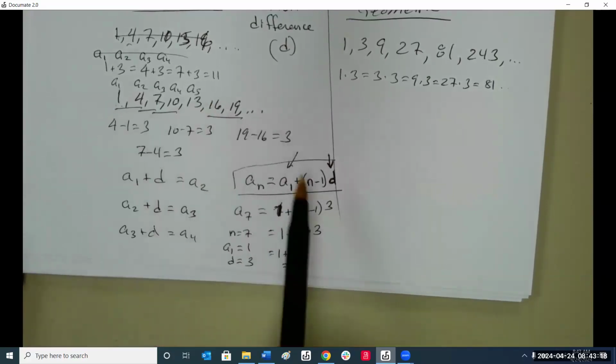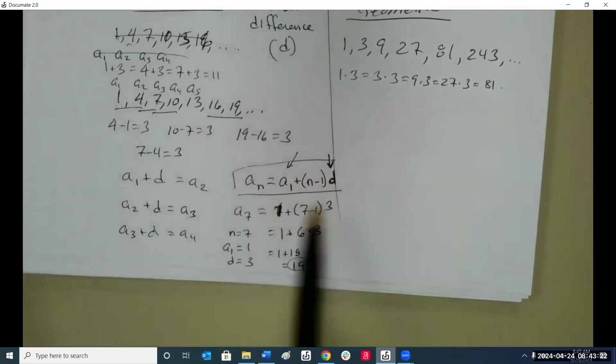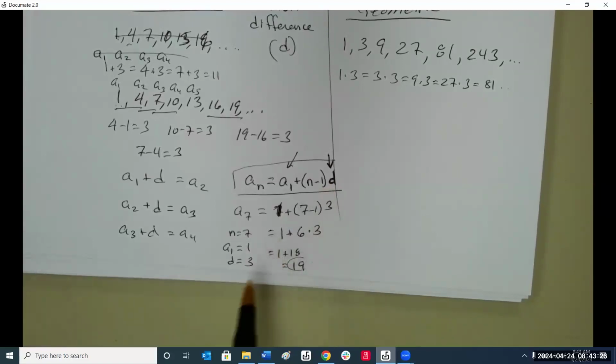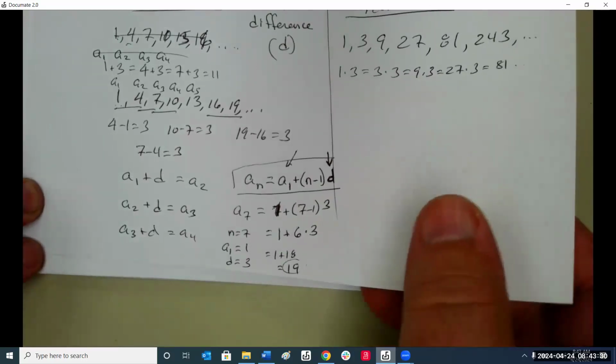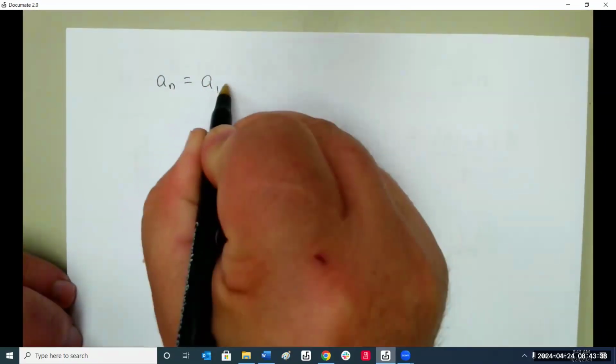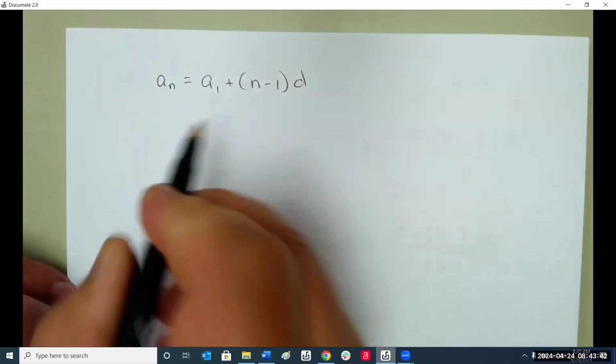So once you have a sequence, if I ask you if it's arithmetic, we use this formula. How many variables are there in there? We have a sub n, a sub 1, n minus 1 times d.